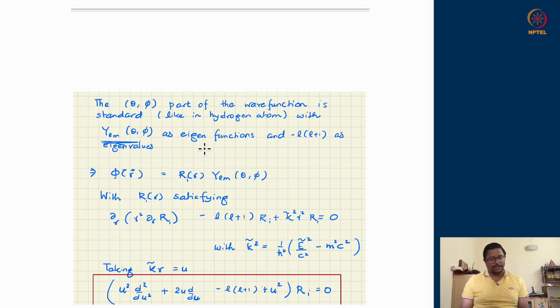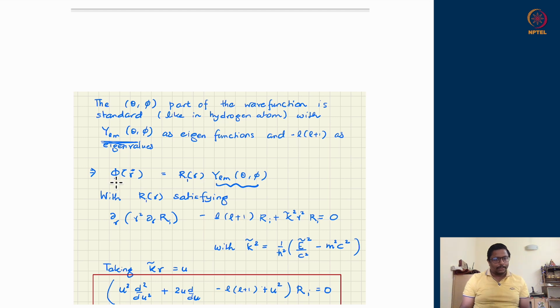I urge you to refresh your analysis of spherical polar coordinate systems and the Laplacian by looking at the 3D harmonic oscillator, or the hydrogen atom, or any spherically symmetric problem like this one. Since this is a spherically symmetric problem, you should expect eigenstates of angular differential operators, and Ylm theta phi are those.